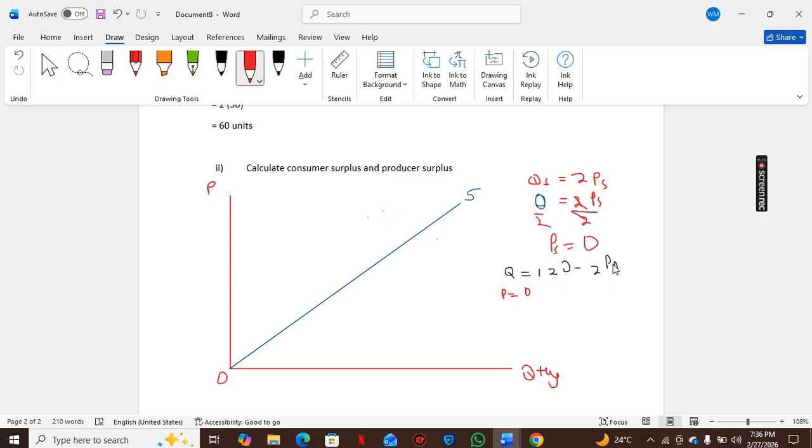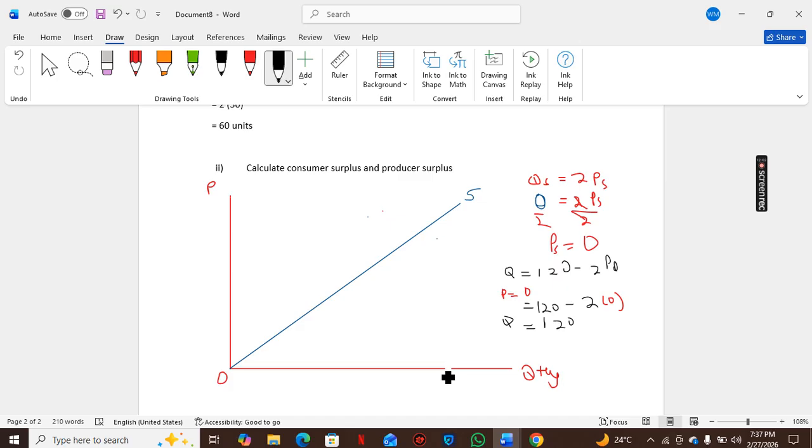So you substitute 0 for P here. 120 minus 2 times 0. 2 times 0 is 0. 120 minus 0, that's 120.